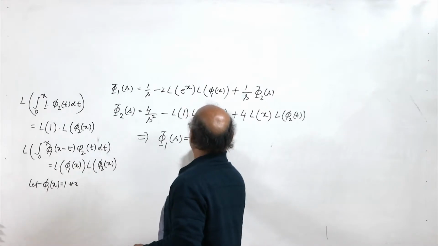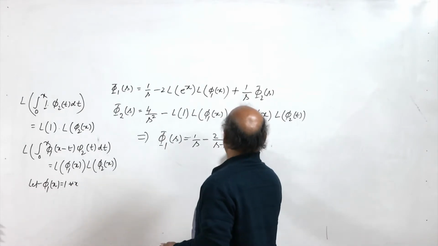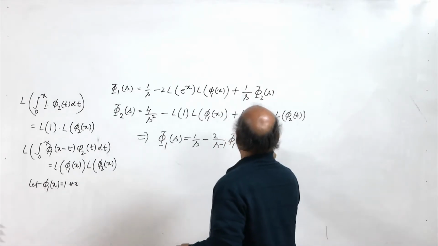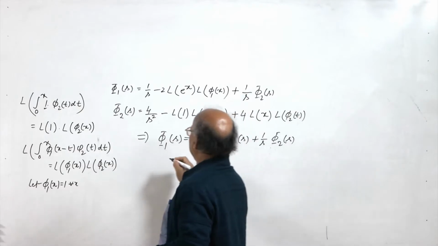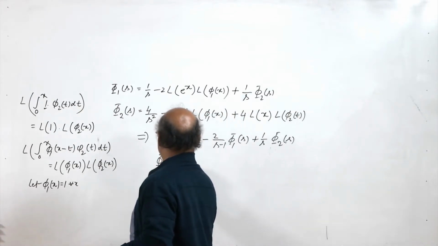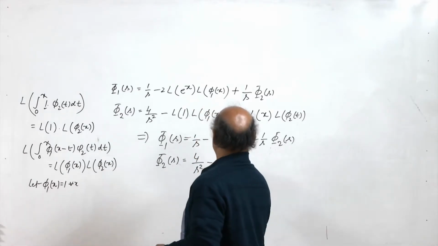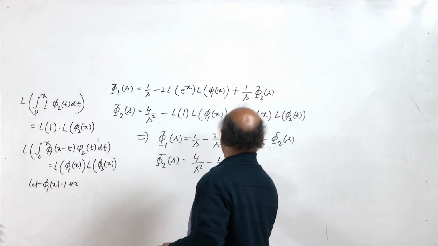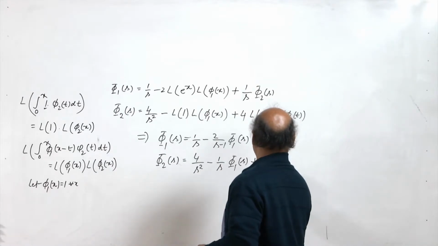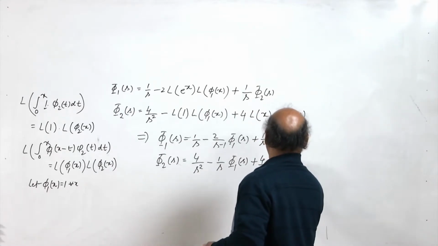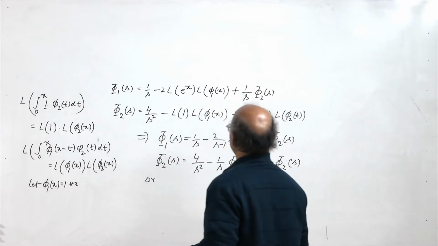So, this implies phi 1 s equal to 1 over s minus 2 over s minus 1 phi 1 s plus 1 over s phi 2 s, then phi 2 s equal to 4 over s square minus 1 over s phi 1 s plus 4 over s square phi 2 s, or we can write them as, let us collect the coefficient of phi 1 s.